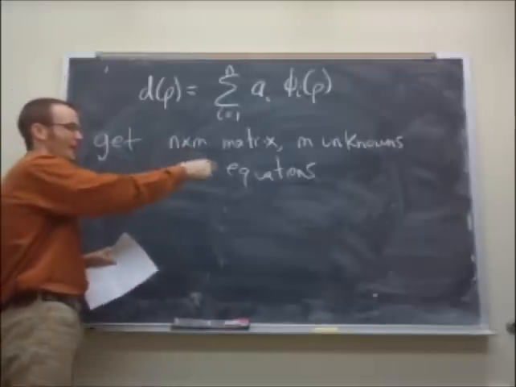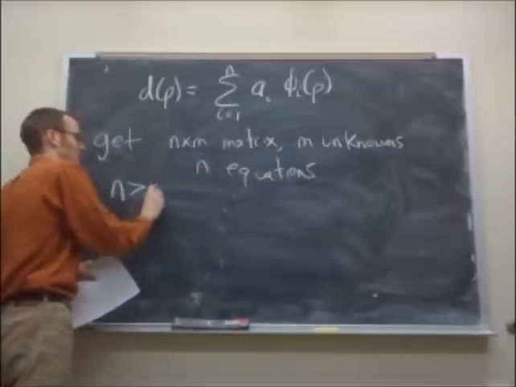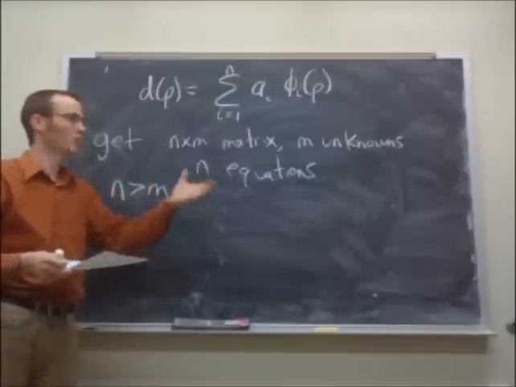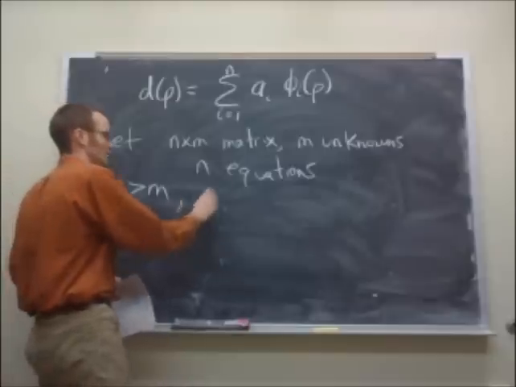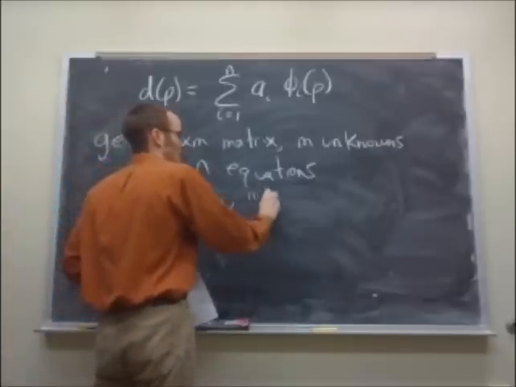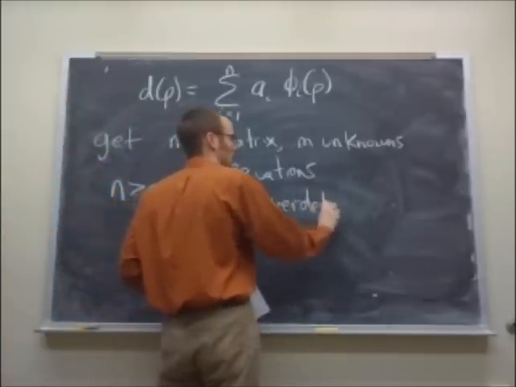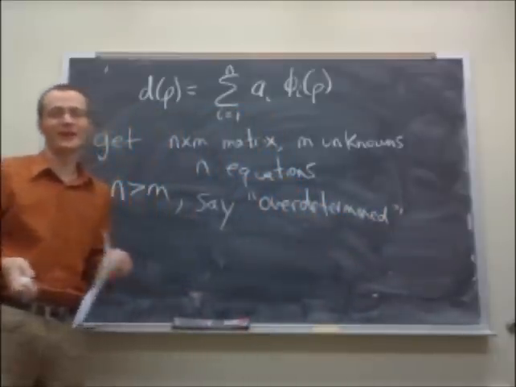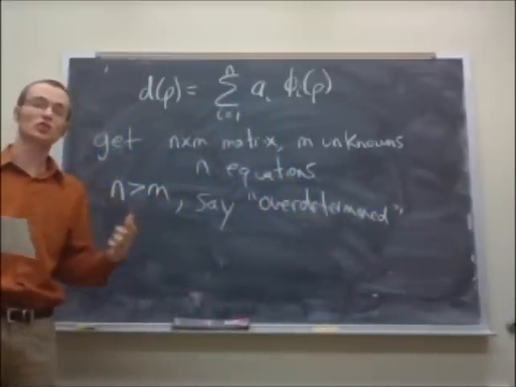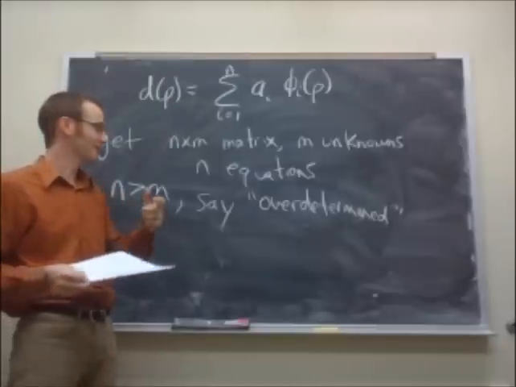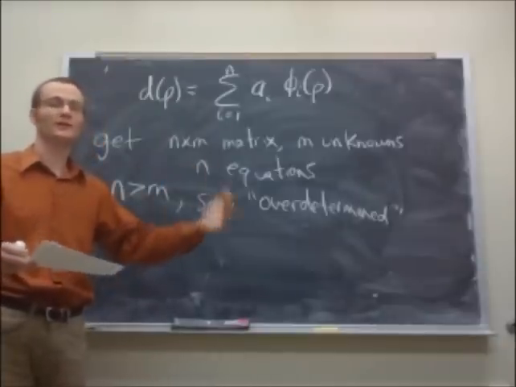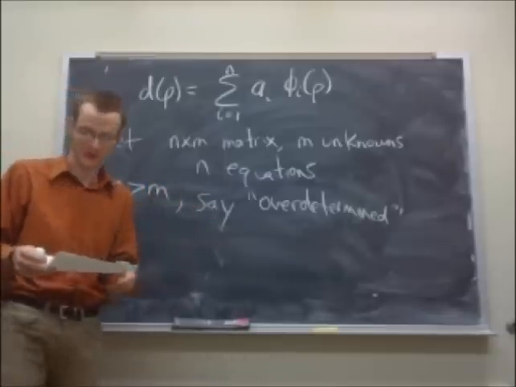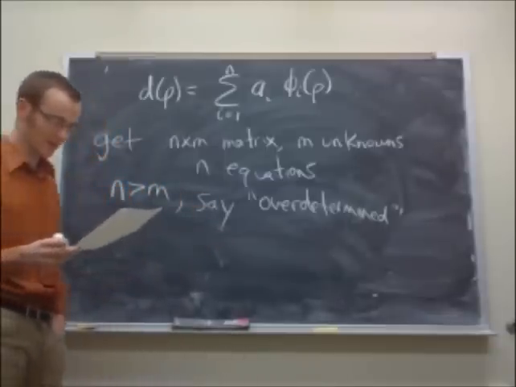Because generally speaking, we are thinking of n as being bigger than m, more equations than unknowns, we say this system is overdetermined. How I think about that is each equation, if things work out nicely, should determine one variable. And so if you have more equations than variables, you're over-determining what those variables should be. All right.